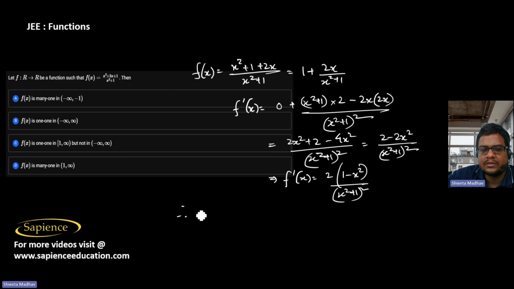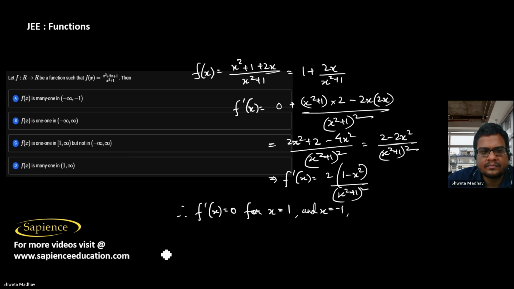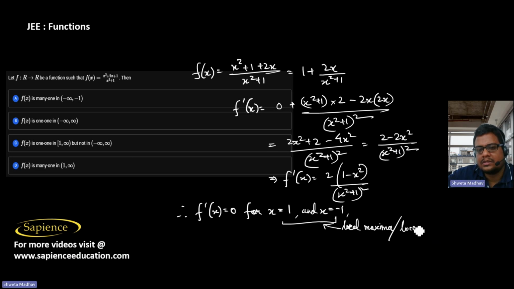So therefore f dash x will be equal to 0 for x equal to 1 and at x equal to minus 1. So it means that at x equal to 1 and x equal to minus 1, here we will get local maxima or local minima.